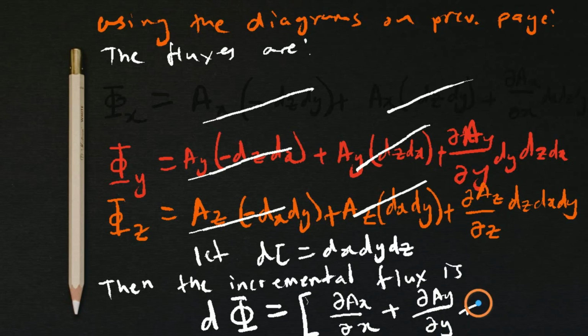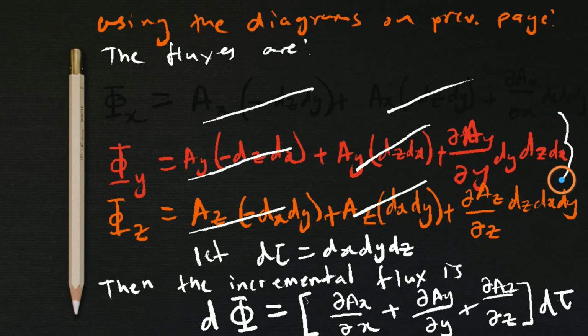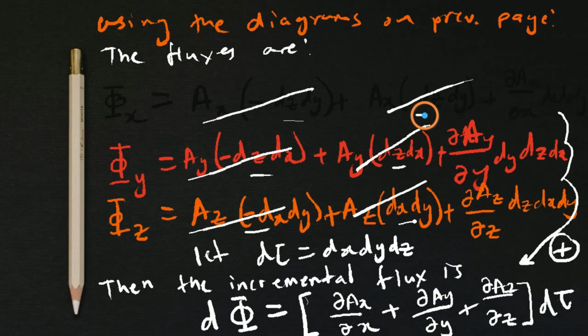All of these expressions inside are multiplied by that volume element, d tau. Okay, so this is quite interesting. The reason all these other terms were removed is that we added all three equations, and that's why the terms cancel out, leaving us with the last expression, giving us the incremental flux. So that is fine and well.